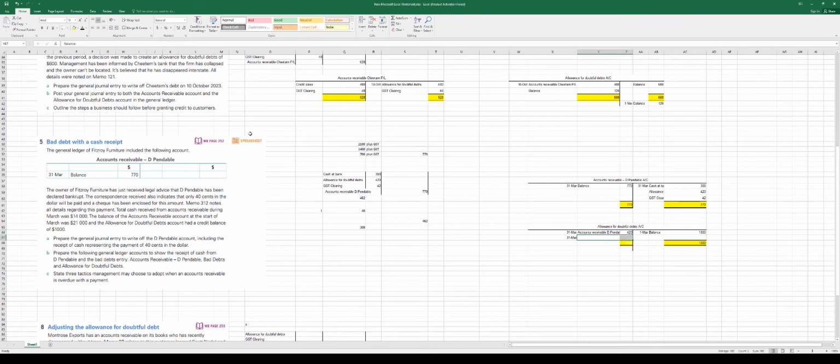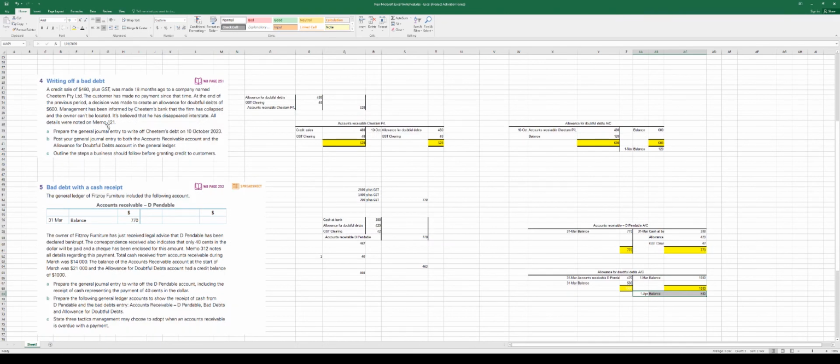That means the balance left in the allowance for doubtful debts is 580, and we have to carry it forward to the next period at 580. Right. So the only difference between exercise number 4 and exercise number 5 is this part, cash at bank. The rest is pretty much the same.